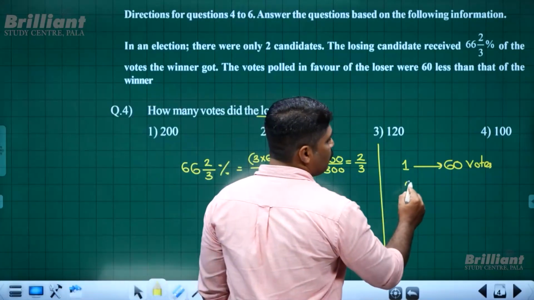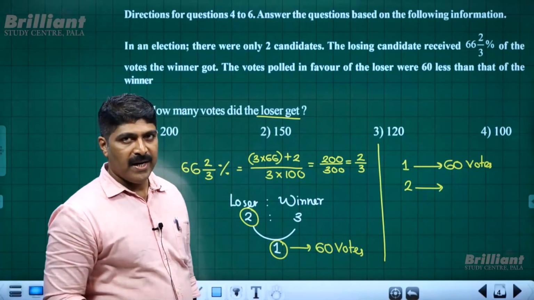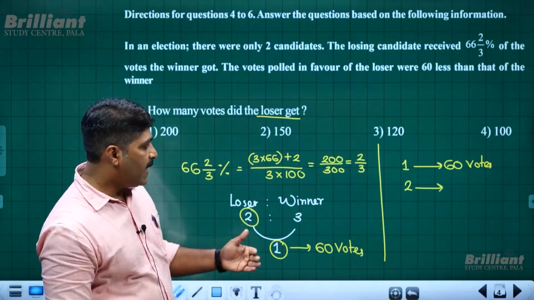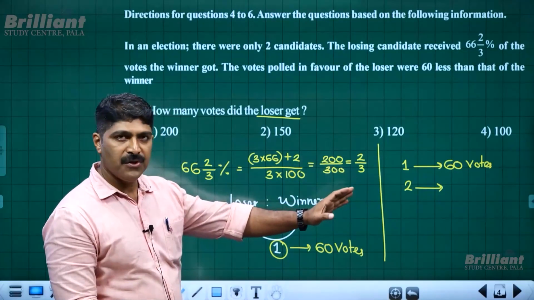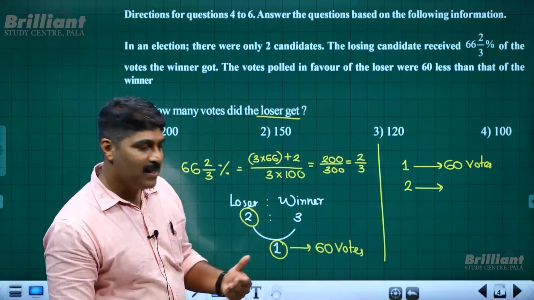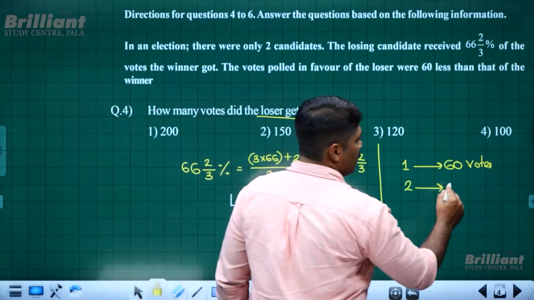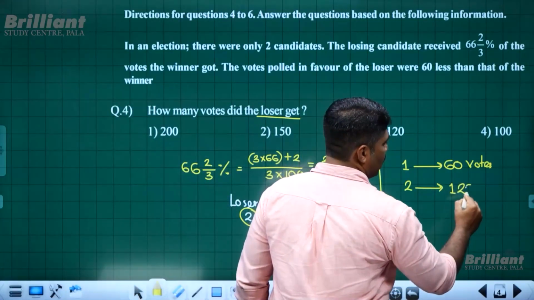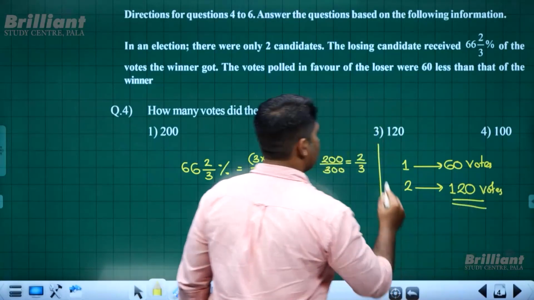So 2 is how much? This is a unitary kind of approach. If 1 is representing 60 votes, what does 2 represent? That is the number of votes received by the loser. So 2 gives 120 votes. Got it? So that's the answer.